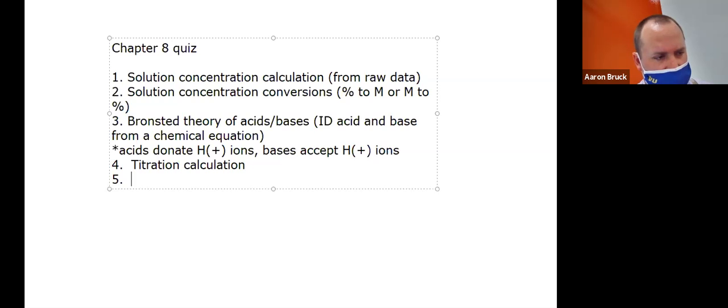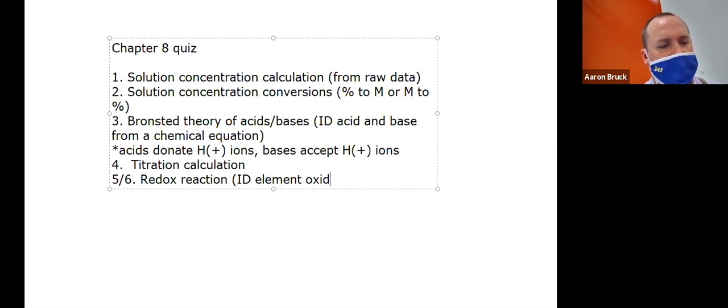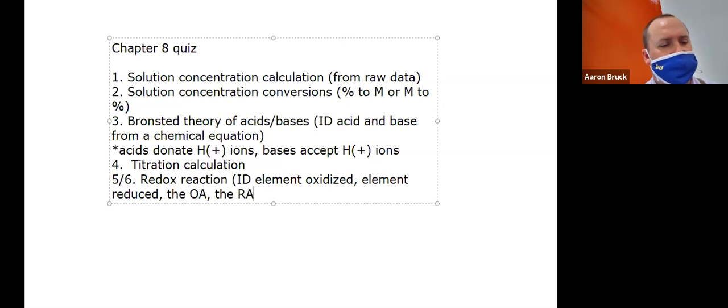The fifth one, and actually the sixth one, questions 5 and 6 talk about the same thing. It's a redox reaction, identifying the element oxidized, the element reduced, the oxidizing agent, and the reducing agent.